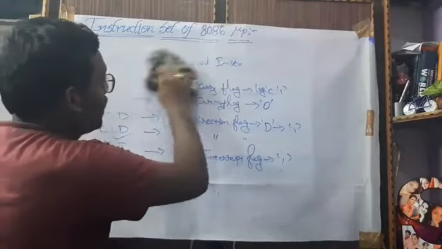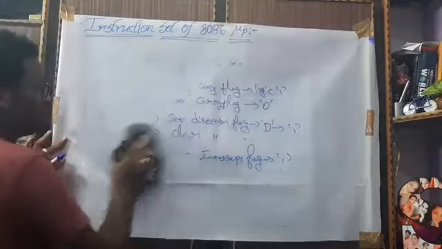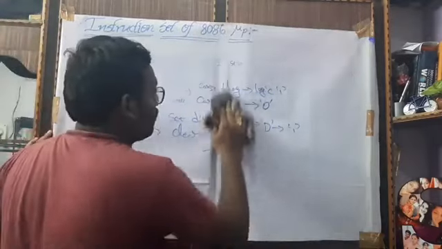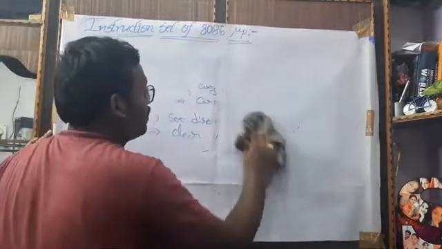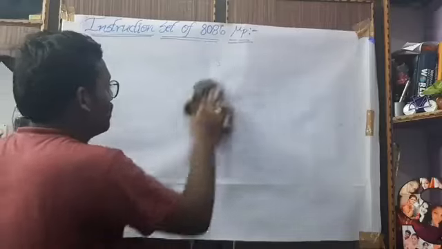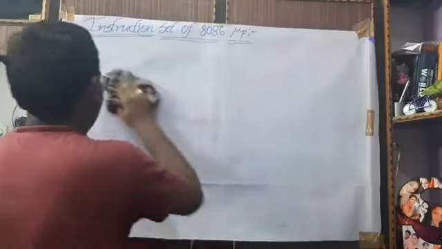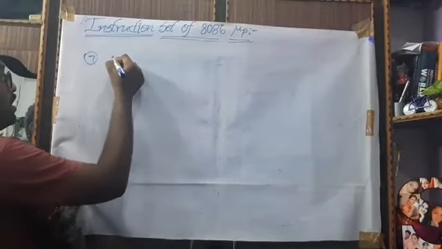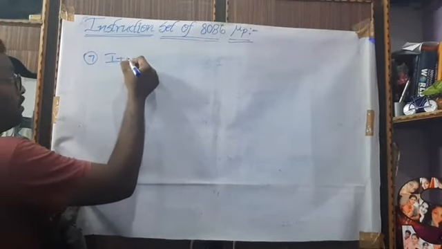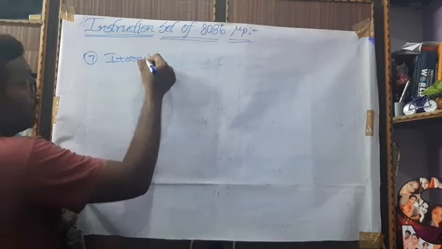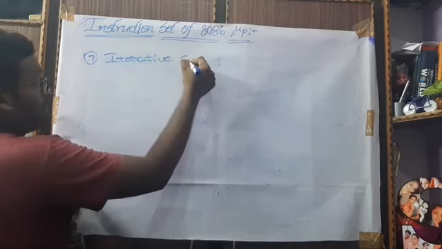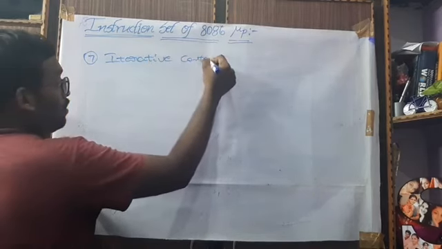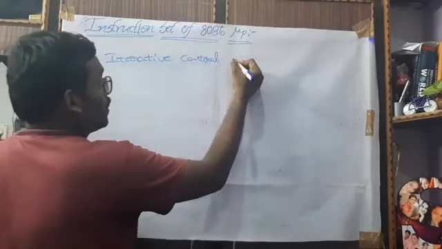The seventh type of instructions are iterative control instructions.